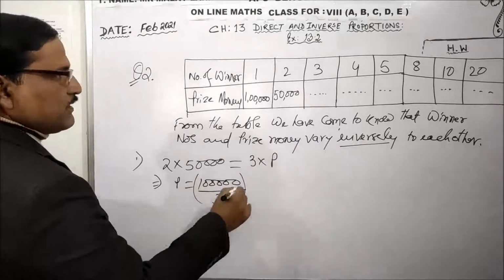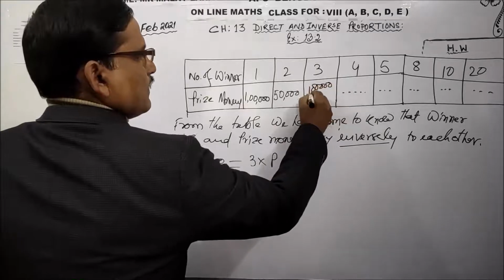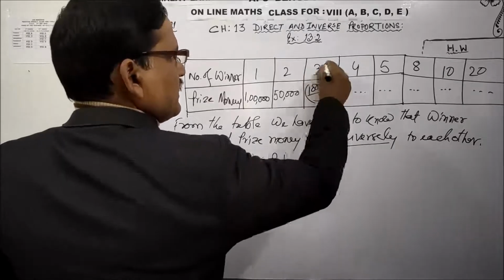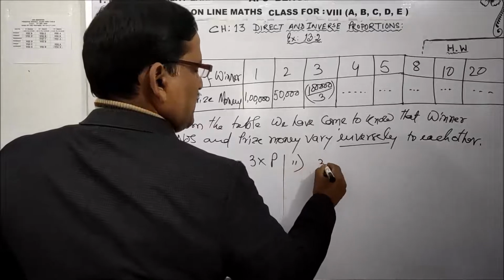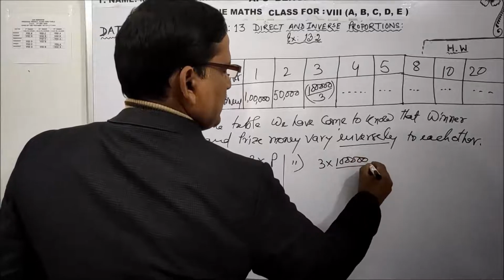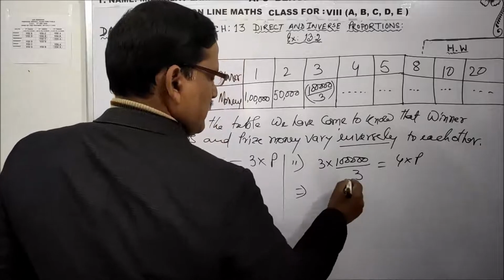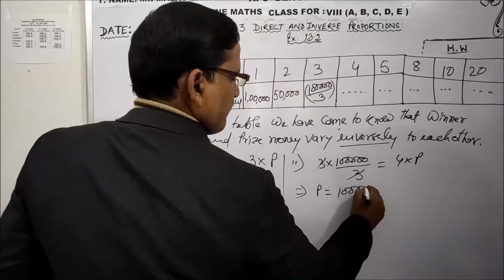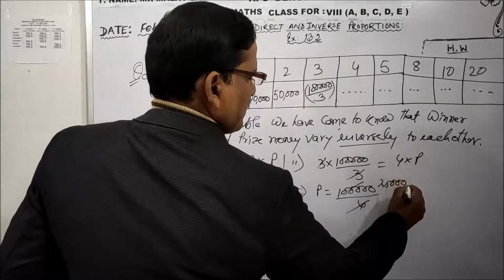I cannot divide 1 lakh by 3, so the answer will be 1 lakh by 3 as a fraction. Now for the second, after getting this: 3 into 1 lakh by 3 will be equal to 4 into P. The 3 gets cancelled, so P will be 1 lakh divided by 4, which is 25,000.